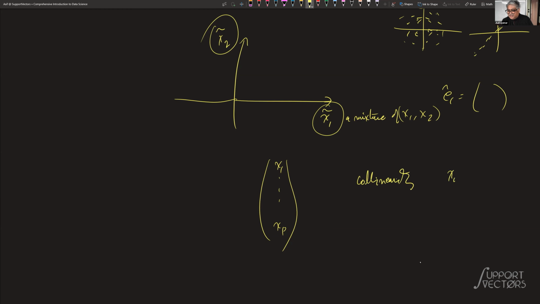In other words, some xi, xj are highly correlated. You can write xj as some theta times xi. Then what happens? They capture the same information, right?